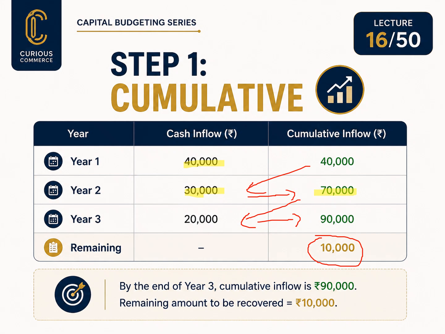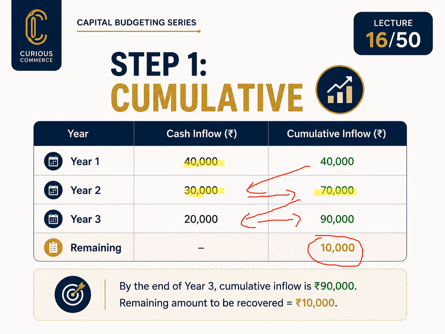This is very important. Students often make mistakes in cumulative totals. Always write totals clearly year by year. Now, recovery has not happened fully by end of the third year, but in fourth year, inflow is 20,000 rupees.